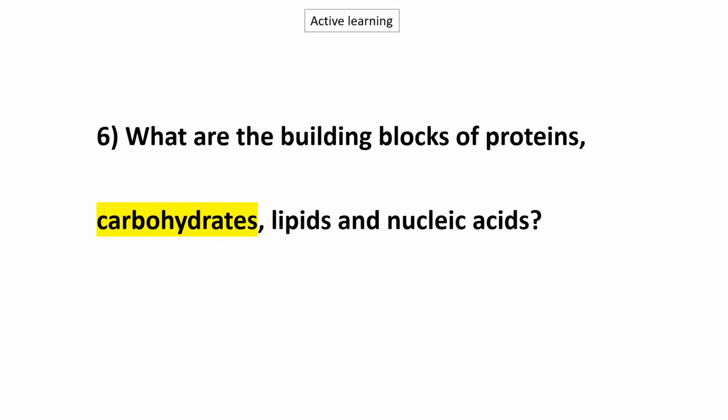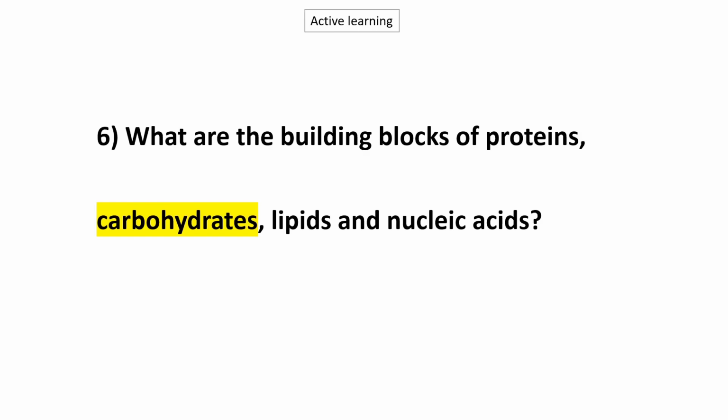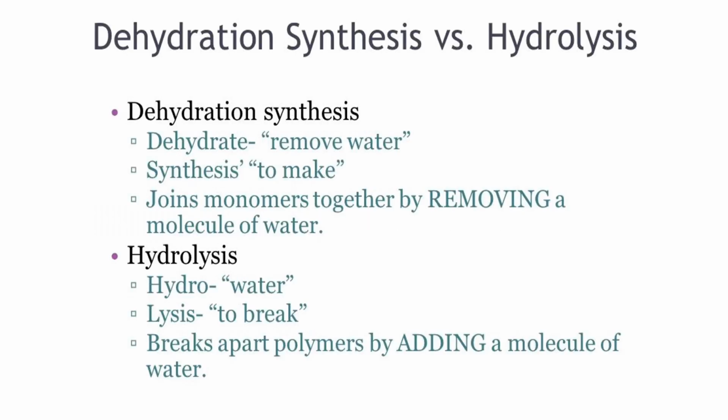So now, by the end of this part, you will be able to answer the question: what are the building blocks of the particularly highlighted carbohydrates, because we cover only carbohydrates right now. We cover one chemical reaction, but we will talk about the other one. So we will compare two opposite chemical reactions, dehydration synthesis and hydrolysis.